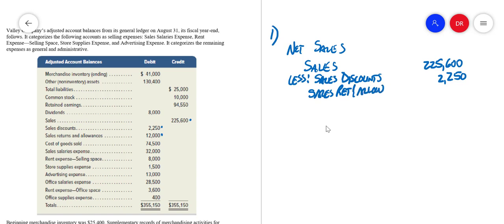And that will be $12,000. So we're going to take the sales minus these two amounts, and we will calculate a net sales amount of $211,350. So that's number one, the net sales. And you need to show these steps in the worksheet you're submitting, how you calculated it. Okay.